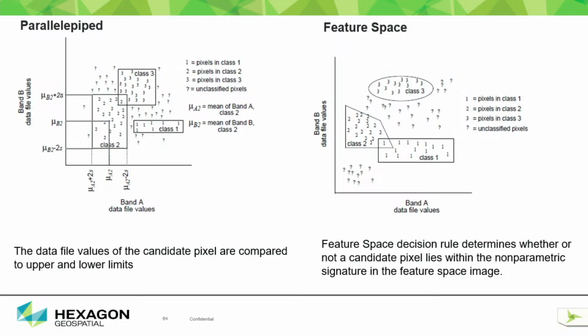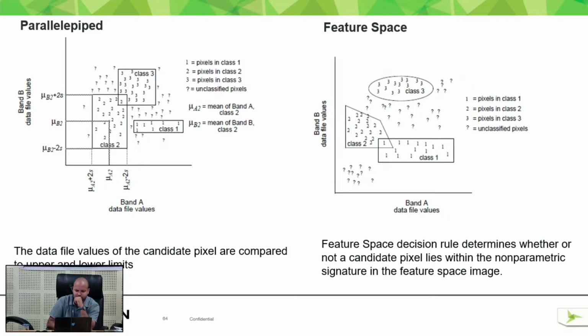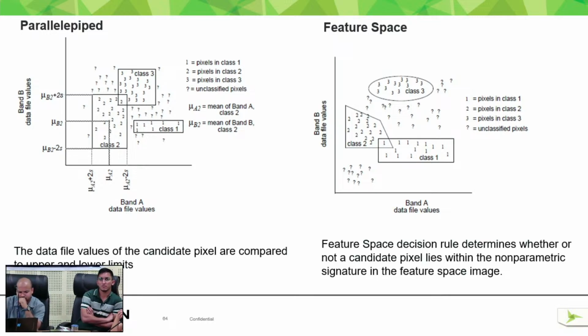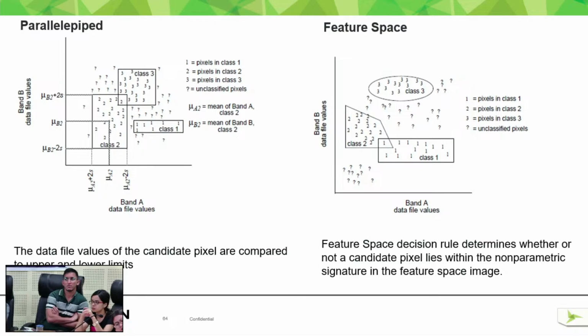Suppose some pixel comes to here. The limitation is that it will also include this pixel because of the rectangle shape. The mean distance may be very high, but using this technique it will still be included.